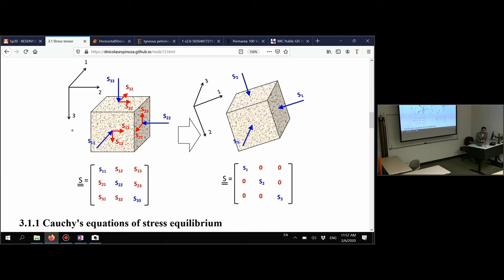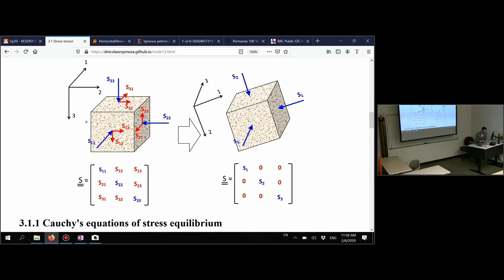And with shear stress the same is going to happen. For example, let's take a look at S23, and let's say all the other ones are 0. If I have S23 applied on this face going up, that means that there must be on the other side a shear stress which is going down.